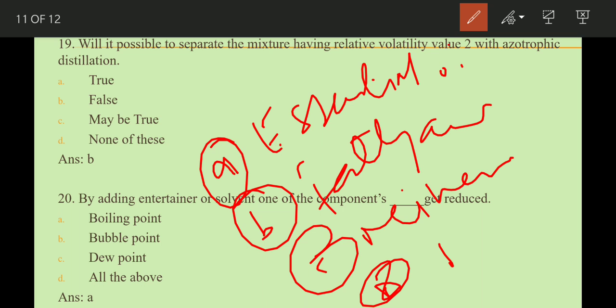Option D, petroleum fraction. So basically steam distillation किसके लिए यूज़ होता है? So the correct answer is option A, that is essential oils. So steam distillation basically जितने भी essential oils होते हैं उनके separation के लिए यूज़ होता है.